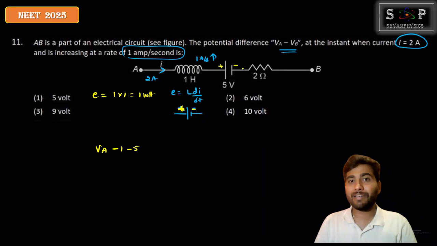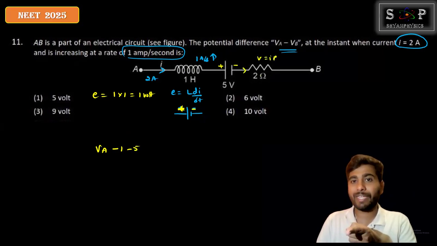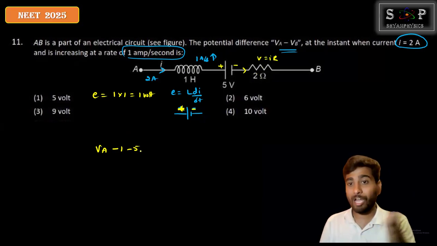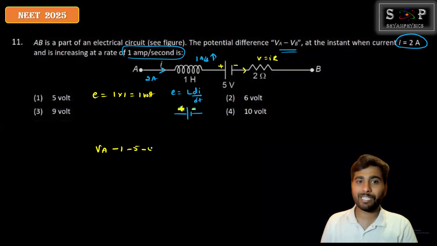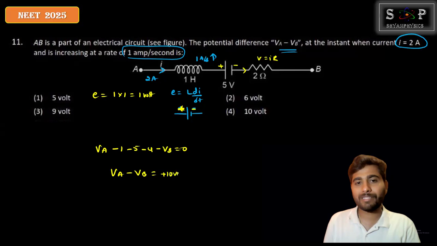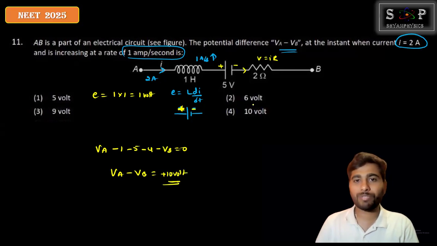And here a 2 ampere current is going, so V equals I into R, I is 2, R is 2, 4 volt, along the direction of the path. The last point VB is 0. This totals minus 10. Bringing it to the right hand side, VA minus VB equals plus 10 volt. So the correct option is option 4.